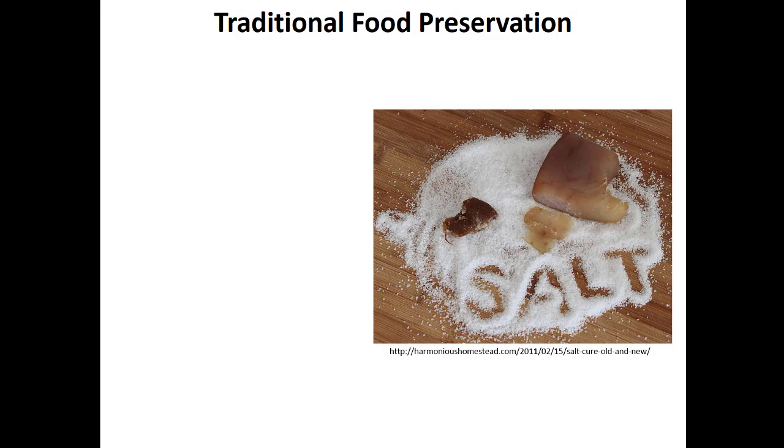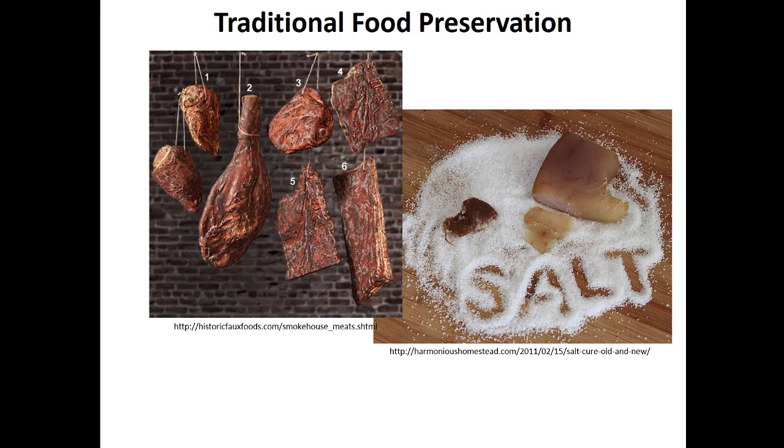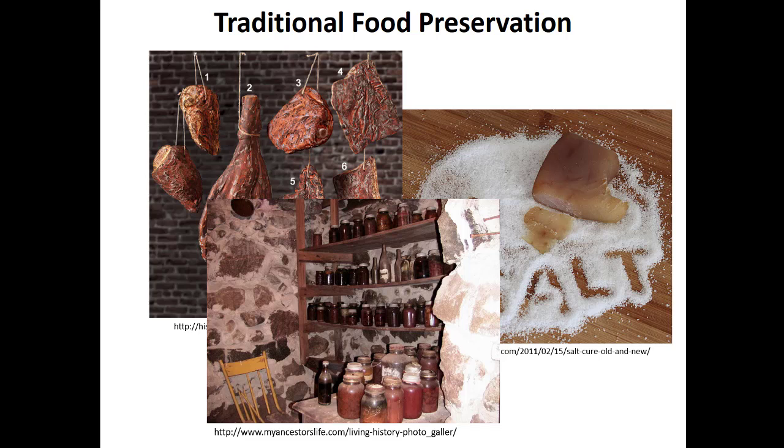But earlier, people would preserve meat by salting it, or maybe they would smoke that meat. Or maybe your parents or your grandparents, or even maybe you live in a place that has a cold cellar. My grandparents in their basement had a cold cellar where they would keep canned materials. So they had this room that was naturally cold because it was below ground.